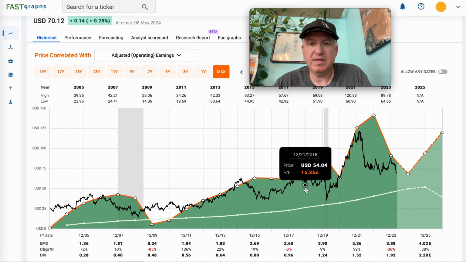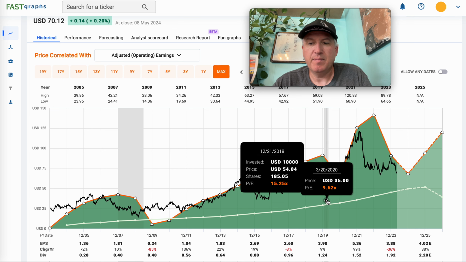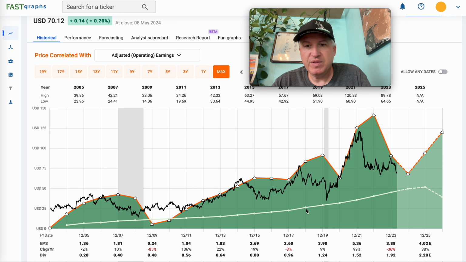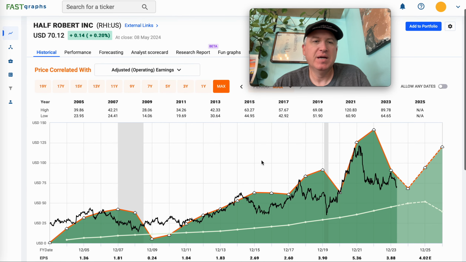Well, at the trough, they still would have been down another 35%. So even if you think you're buying at a pretty big discount to the valuation, they can fall further pretty quickly, and it just takes one bad news event. So this is why I take small positions when I'm buying a stock like this.